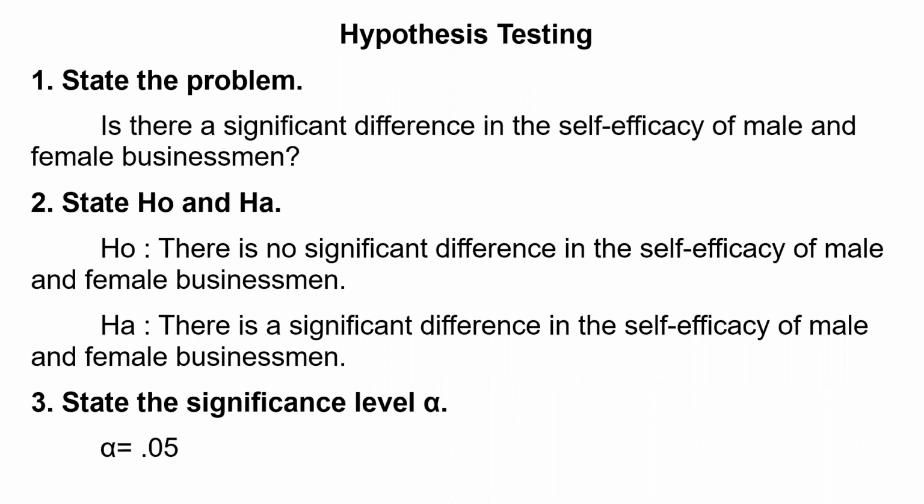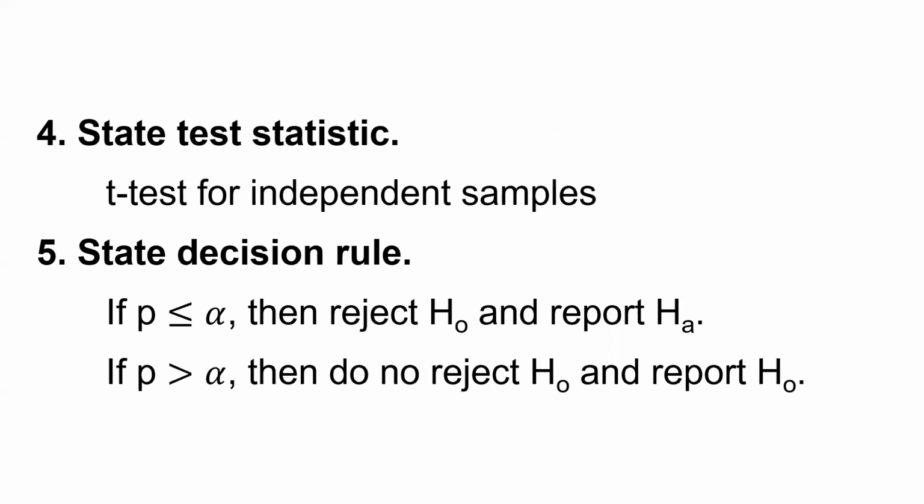For the fourth step, which is to state the test statistic, we will be using the t-test for independent samples, or you could also say independent samples t-test.